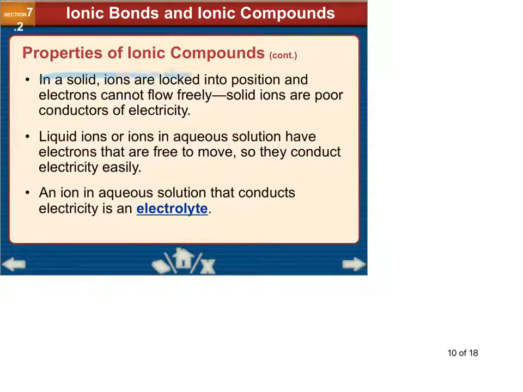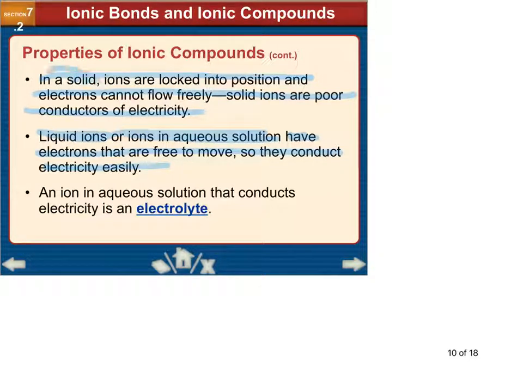Because these ions are kind of locked into position, electrons cannot flow freely, so they're very poor conductors of electricity. But if we melt them, make them in the liquid form, or put them in aqueous solution, dissolve them in water, then we've got charges that are free to move, so they conduct electricity easily.